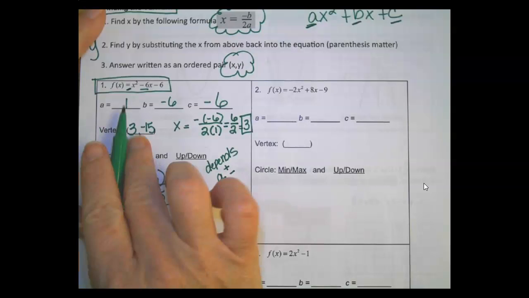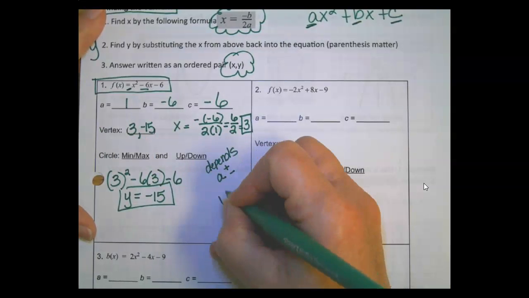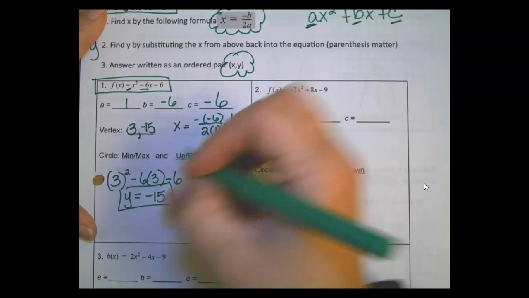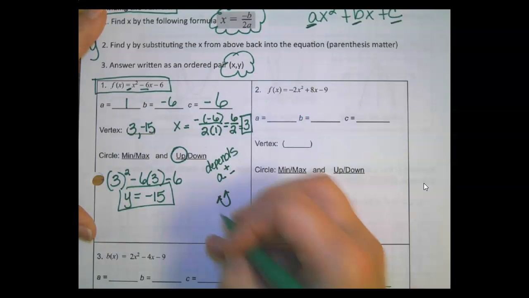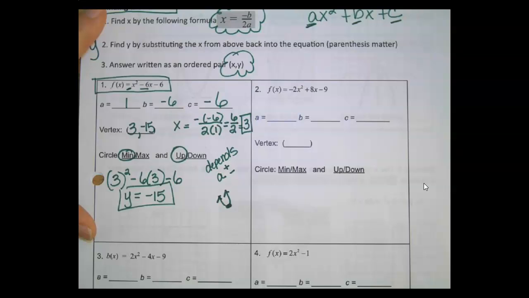So my A is positive. That means it's going upwards. My vertex would be right there, so that is a minimum. And we're done. Let's try this next one.